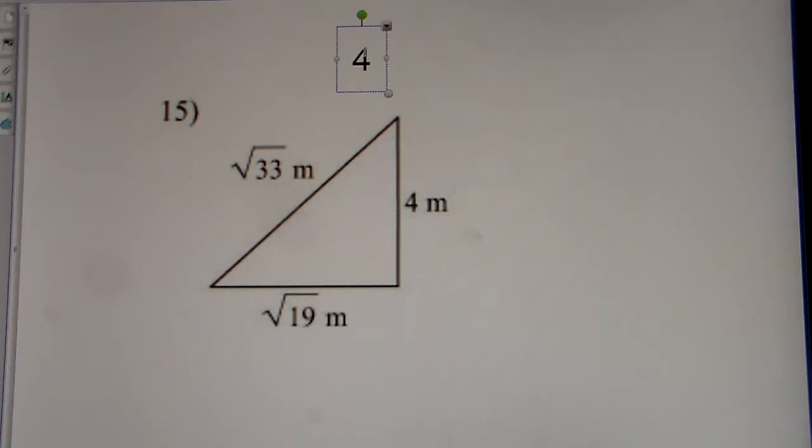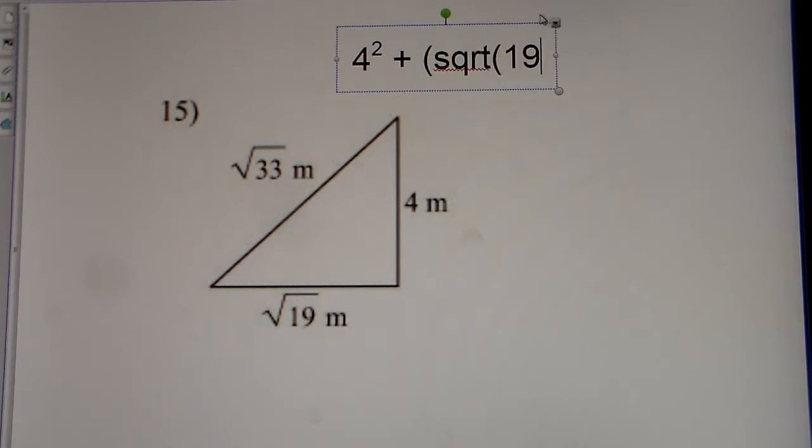So we're going to do 4 squared plus the square root of 19 squared is equal to the square root of 33 squared.